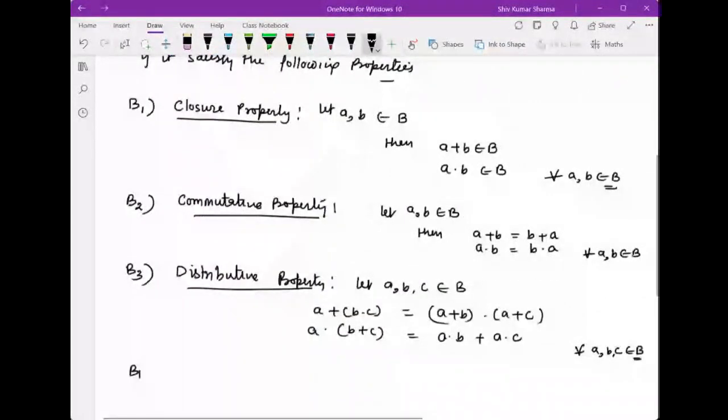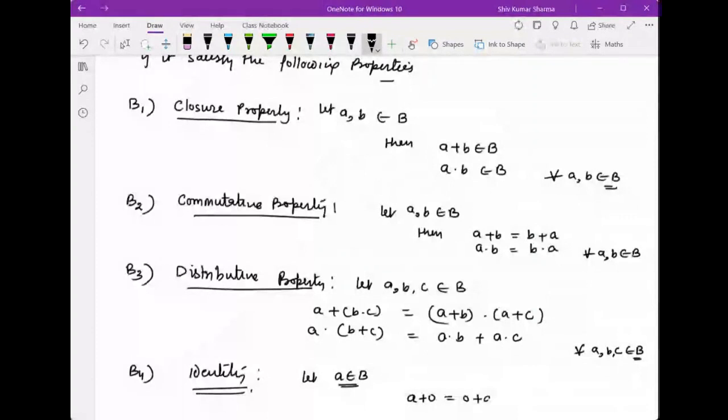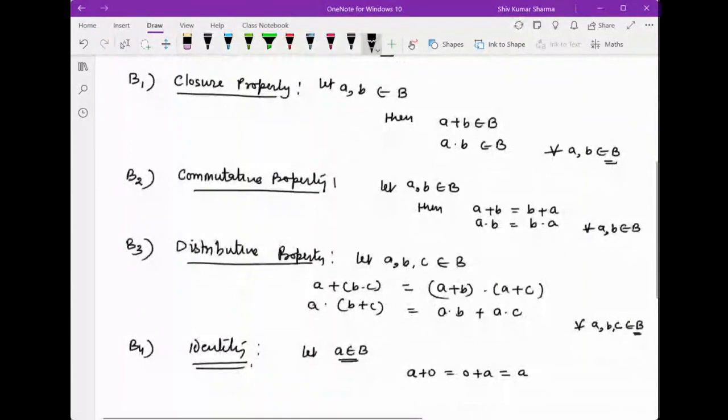Next property B4 is the existence of identity. For identity, let A be an element of Boolean algebra B. Then A plus 0 is equal to 0 plus A equal to A, so here 0 is the additive identity.